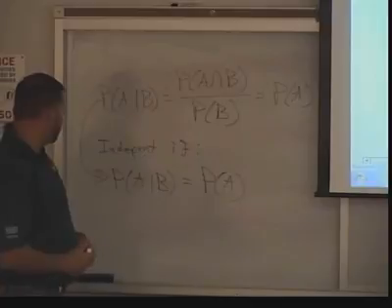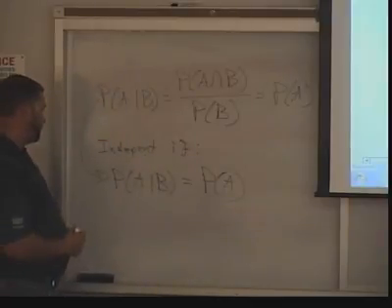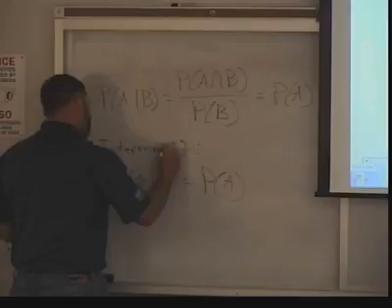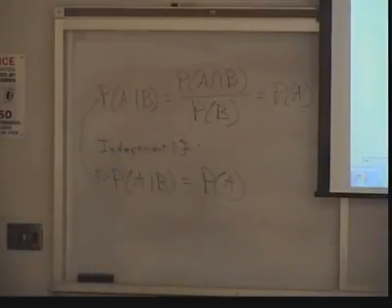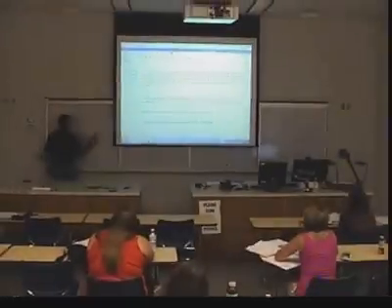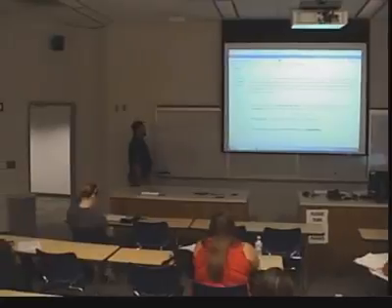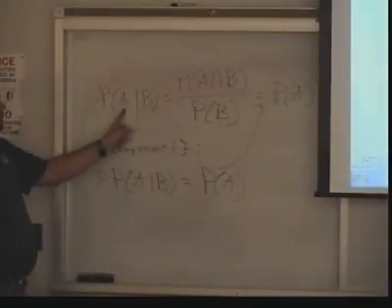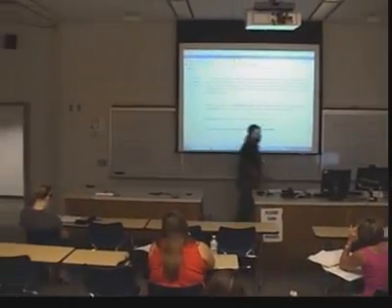So that's what independent means. So this is our check for independence, right here. If that's not true, if the conditional probability is not equal to the probability of the first thing happening, then they are dependent. Then it does have something to do with it. All right?